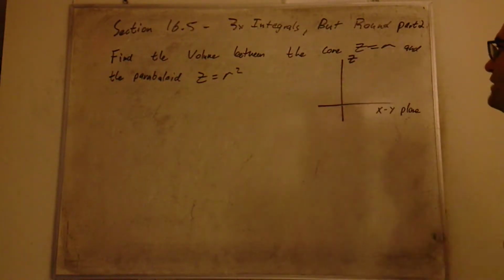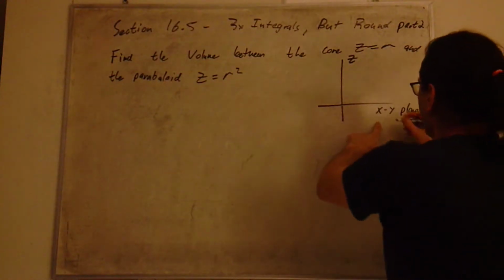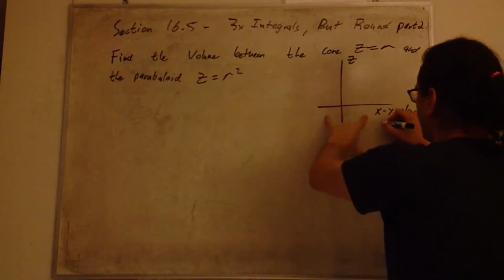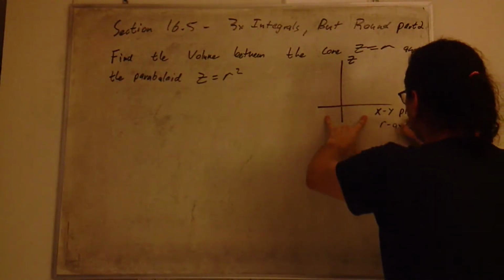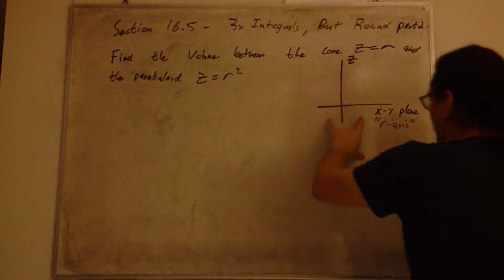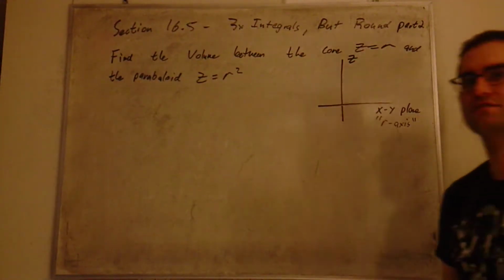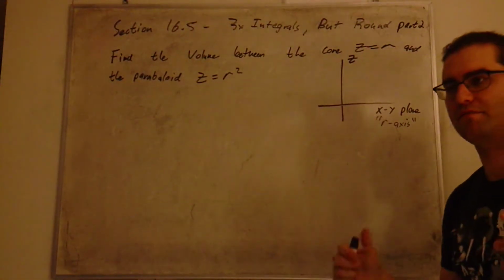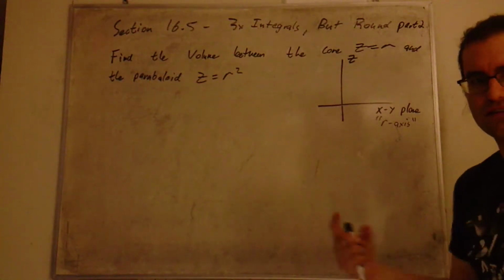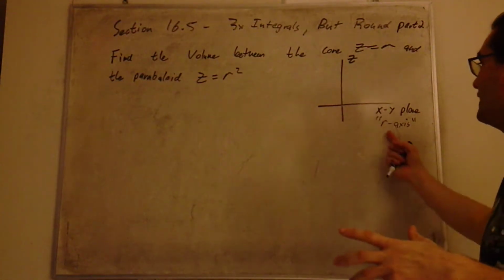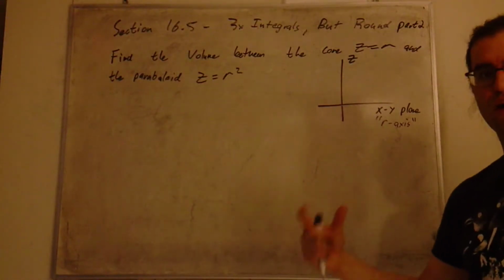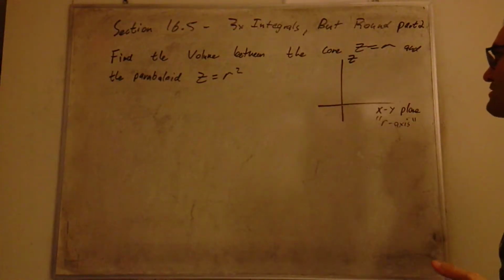and this lets me consider this as like the r-axis. I don't think anyone else has published this because there's no r-axis. It's an entire plane, but I like to think of the xy plane as sort of the r-axis when you're doing cross sections like this.